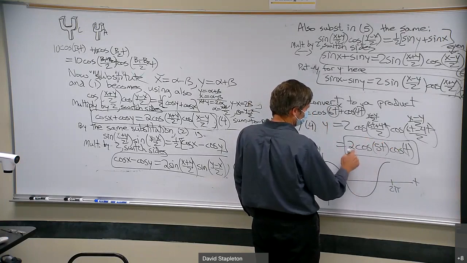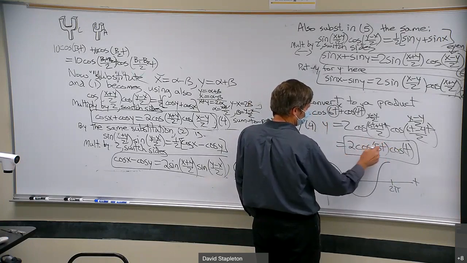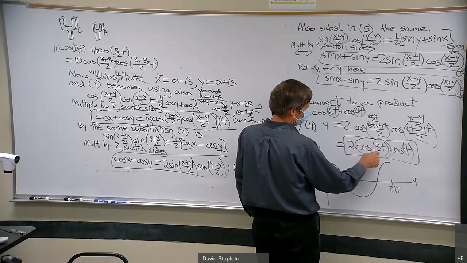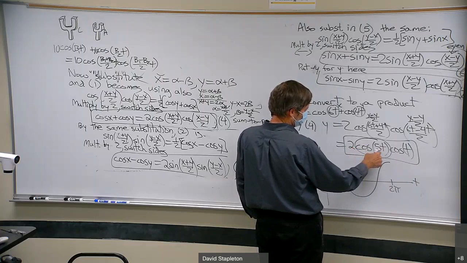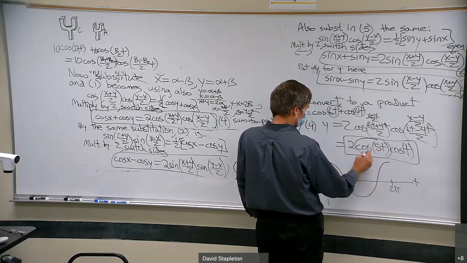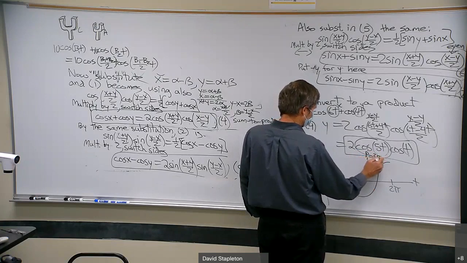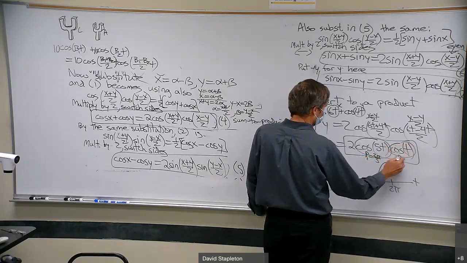Now, if I multiply that by cosine 5t, this oscillates between plus and minus 1 much faster, right? Because its period is only 2 pi over 5. So this is period 2 pi over 5, and this one is period 2 pi.